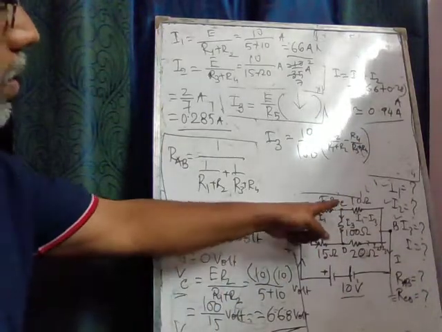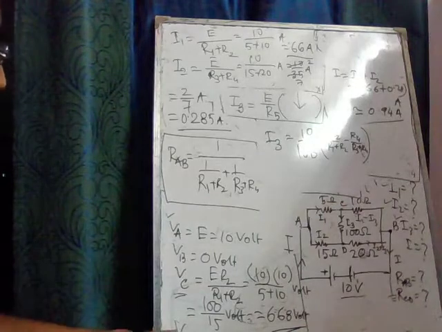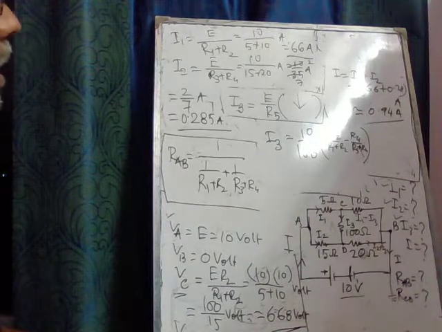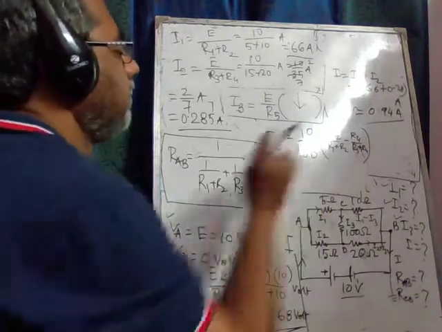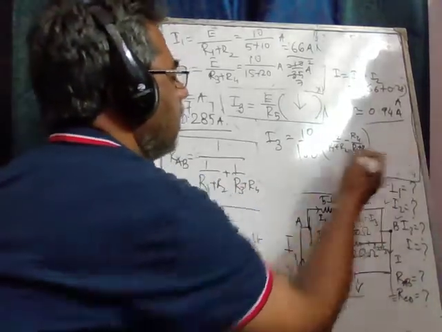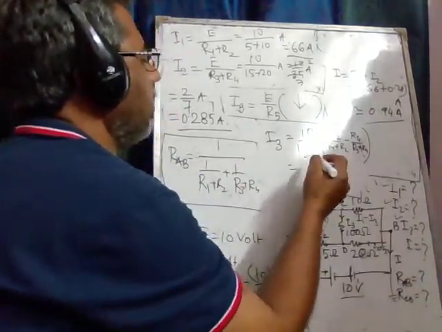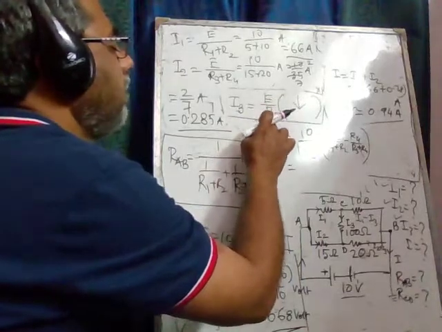Actually this one is VC minus VD, and we had VC minus VD. So we may also remove this or put directly the resistance, no problem. So E is known, R5 is known, everything is known.